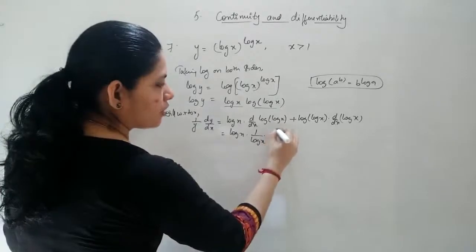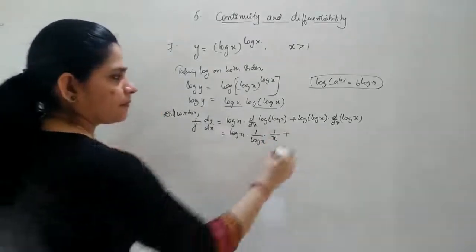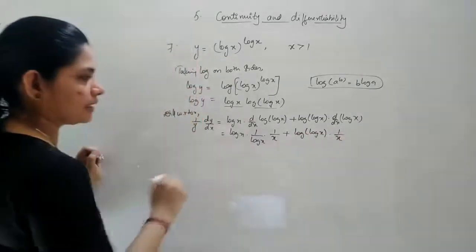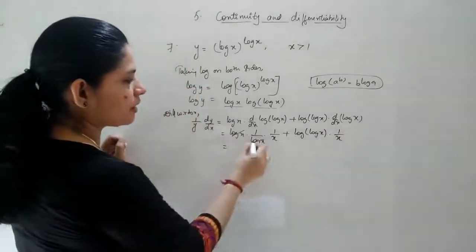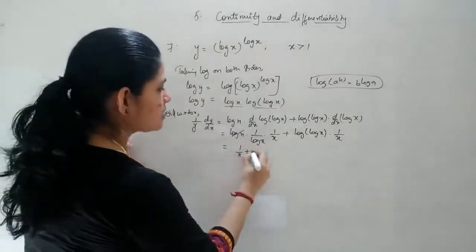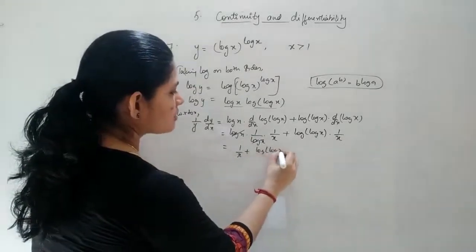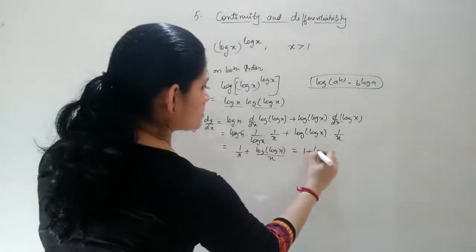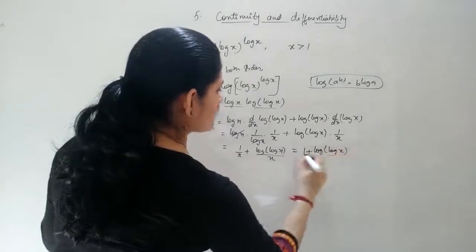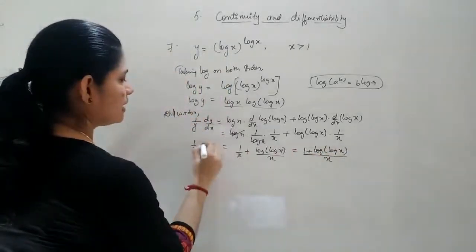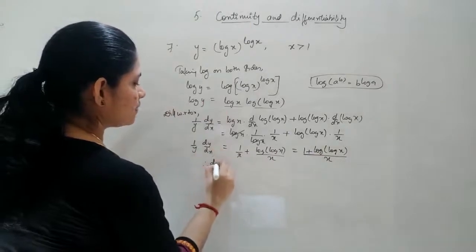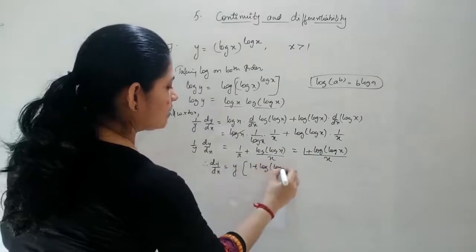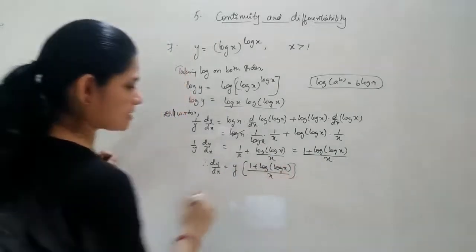So you get d by dx of log x, which is 1 by x, plus log of log x into the derivative of log x, 1 by x. This log and log will get cancelled. You will get 1 by x plus log of log x by x. So you can write this as 1 plus log of log x divided by x, which is 1 by y dy by dx. Therefore, dy by dx will be y into 1 plus log of log x divided by x.